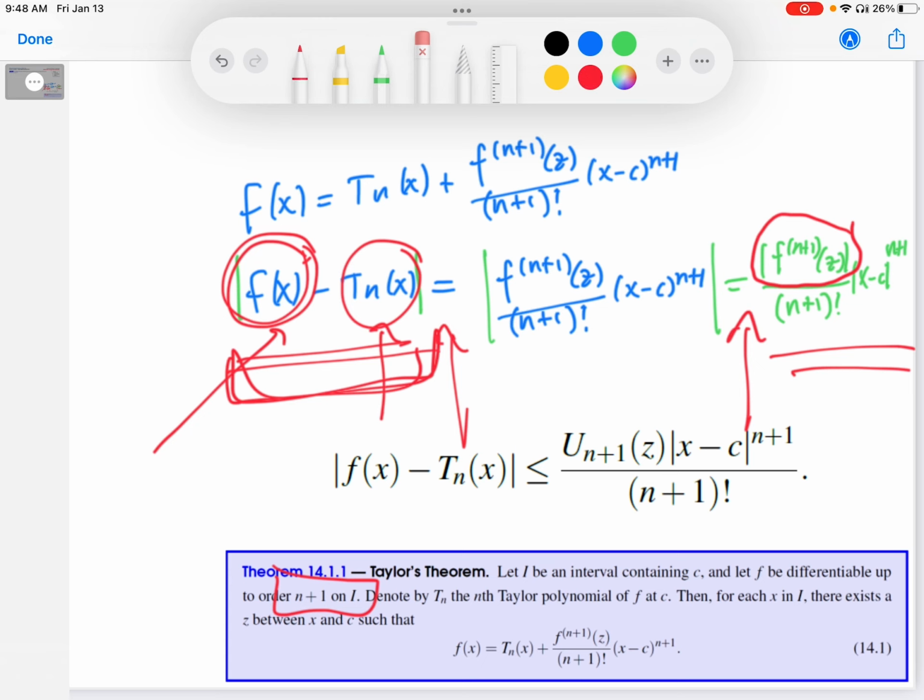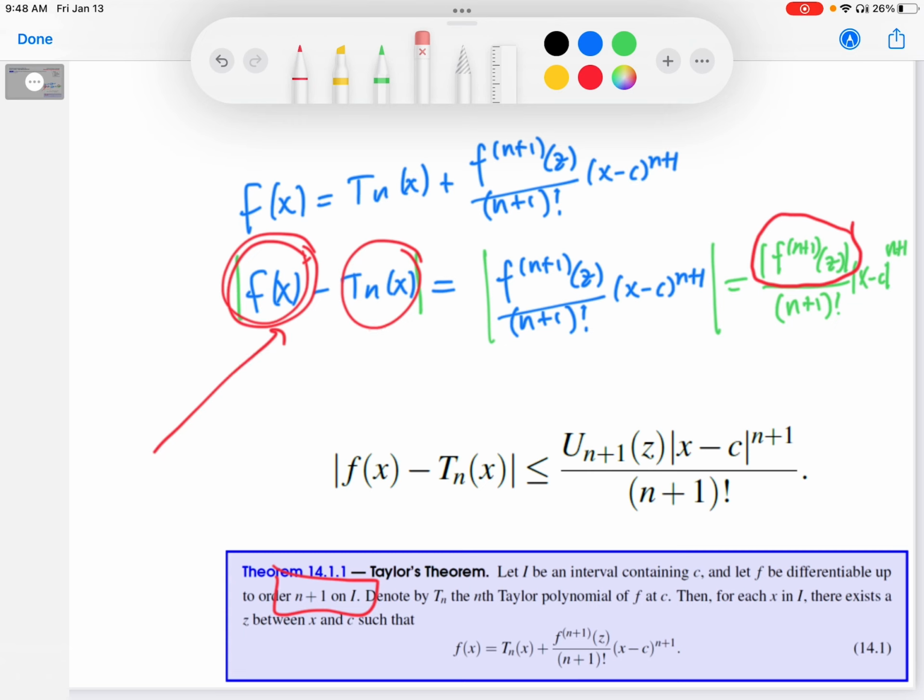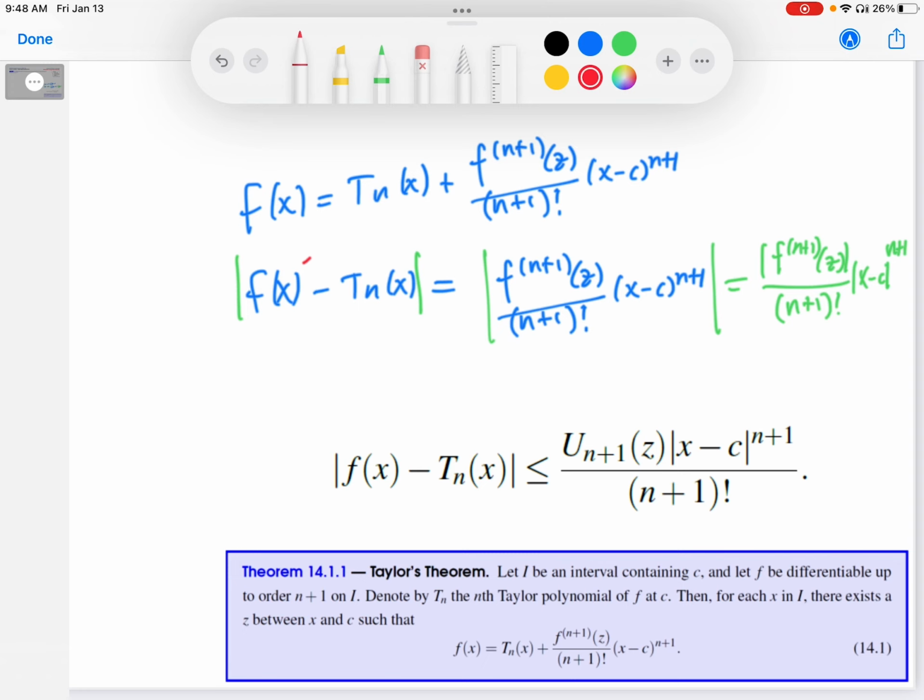Pretty amazing. There's a subtlety here. What Taylor's theorem actually says, going back to the conclusion, is that there exists a z such that this statement is true, that the magnitude of the difference is equal to this right-hand side term. Subtle difference, but for us, how we're going to use it here is to bound the error in approximating the function's value with the value of its Taylor polynomial.